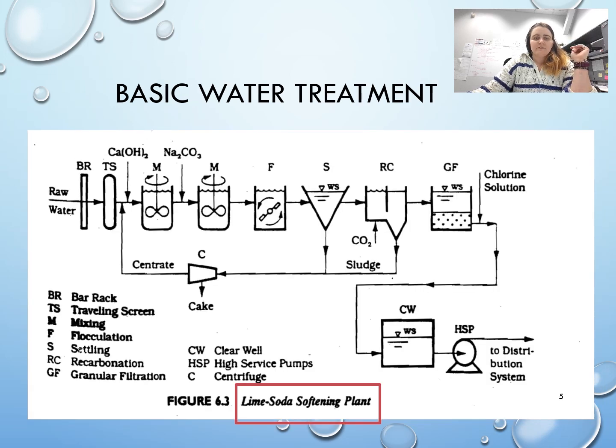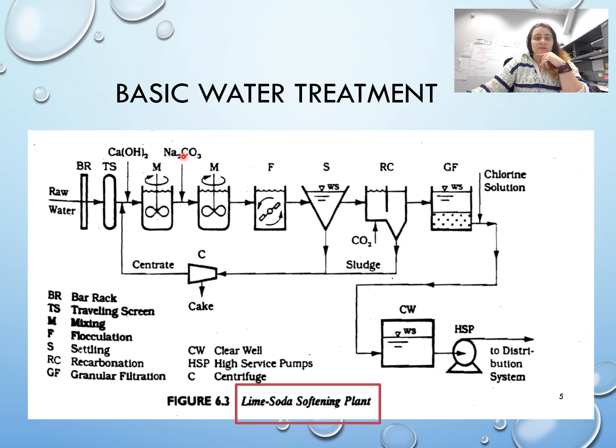Just to show you some different options here, this is what we call a lime softening plant. So you'll notice that many of these elements are the exact same, but we have different chemical addition. We have different pre-treatment going on. So we're specifically adding lime, we're adding a sodium carbonate, and we're trying to soften the water because this water is very hard.